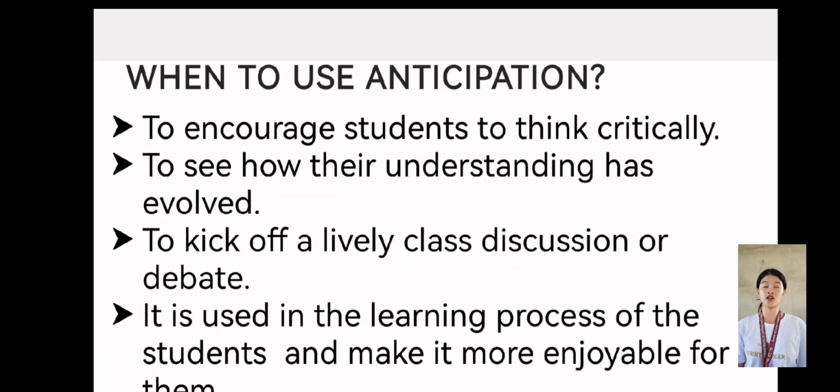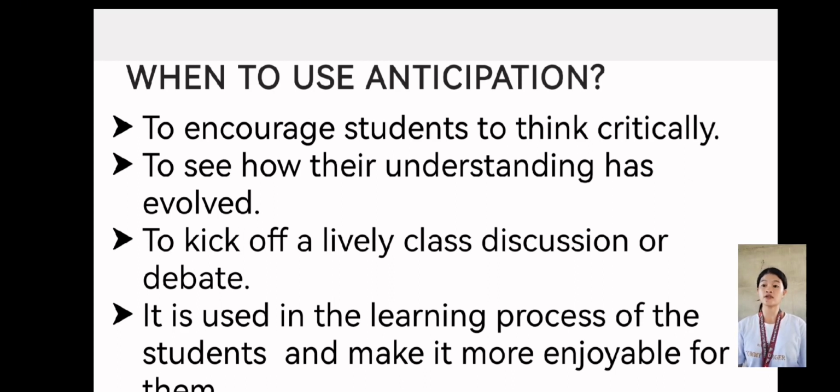As a teacher, you need to make sure that the critical thinking skills of your students will be enhanced and developed. Next is to see how their understanding has evolved. By answering the statements given by the teacher before and after, you will see the changes in their answers, from agree to disagree.